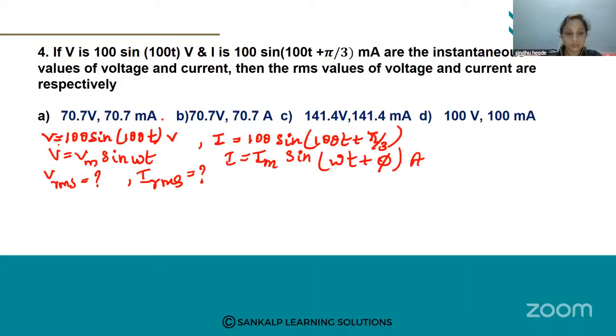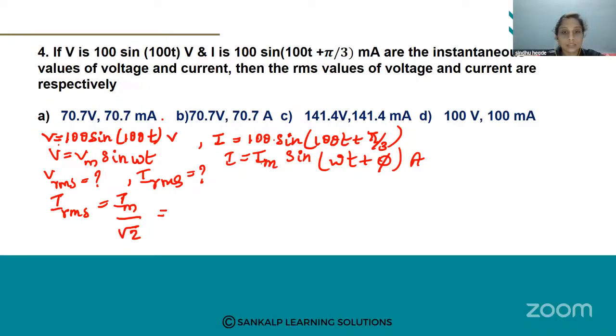Which formula can we use here to calculate VRMS and IRMS? Yes, IRMS is equal to Im by square root 2. Now they give Im value.